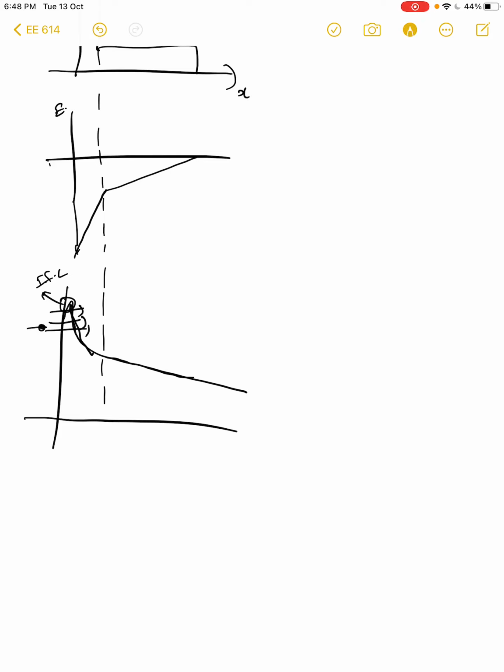So this gives you a feeling that the actual barrier height is not this q psi bi, but a reduced barrier height q psi bi r, some reduced value, right?